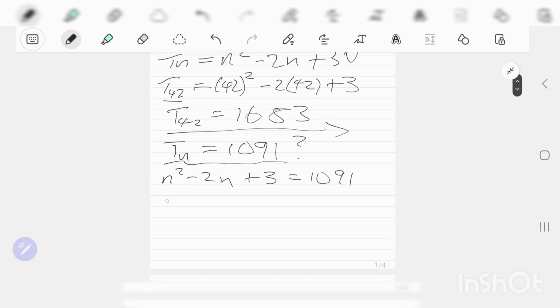And so we can do it like this: n squared minus 2n. Then take this and transpose it to the other side, people. So this means it's going to be plus 3 minus 1091 is equal to 0.